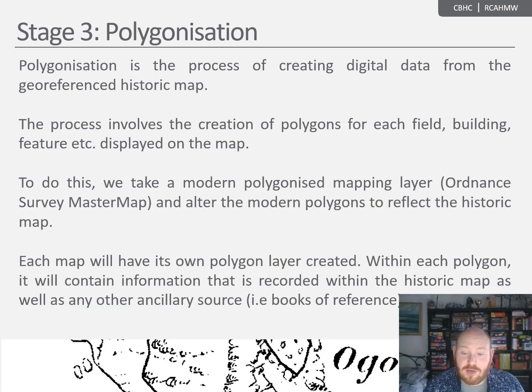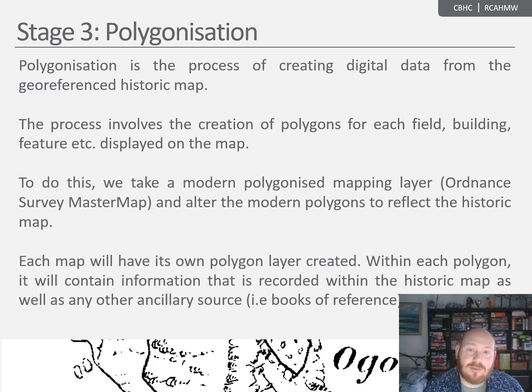Once we've finished georeferencing, fitting the historic map to the modern map, the next process is called polygonization. Effectively we can create a digital layer that represents the historic map underneath. We generate polygons for each field, building or feature, anything that's displayed on the historic map.